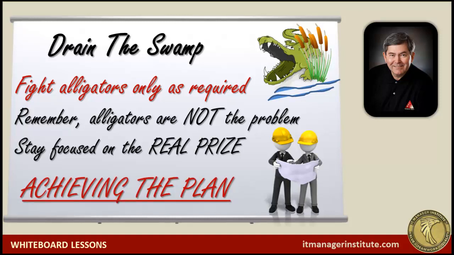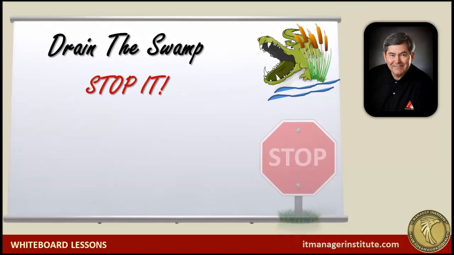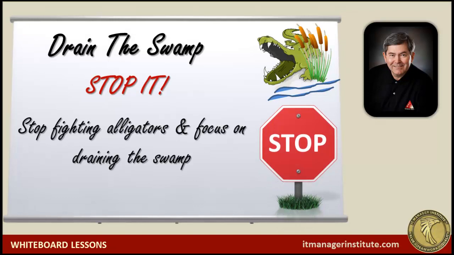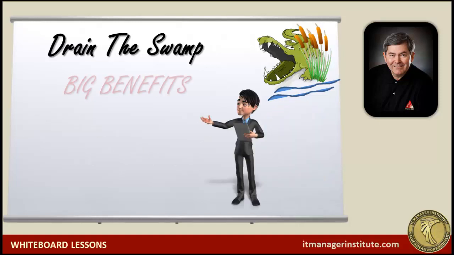And a big part of that is achieving the plan or achieving your objectives. Stop fighting alligators or stop reacting to problems and focus on draining the swamp, or eliminating the source of what's causing all your IT support problems. Stop fighting the alligators and focus on draining the swamp.